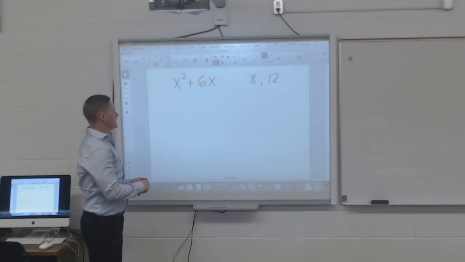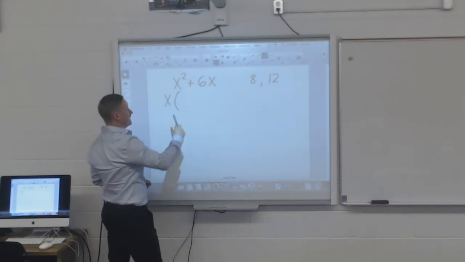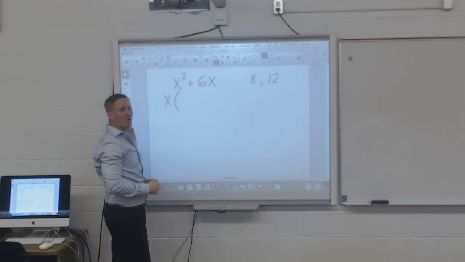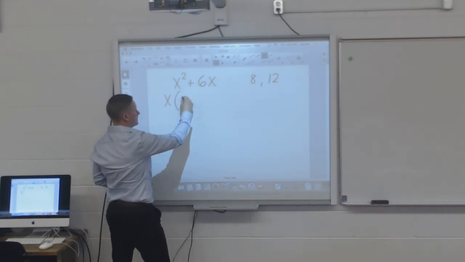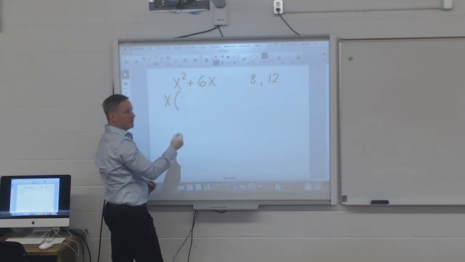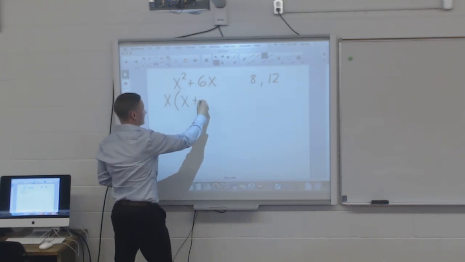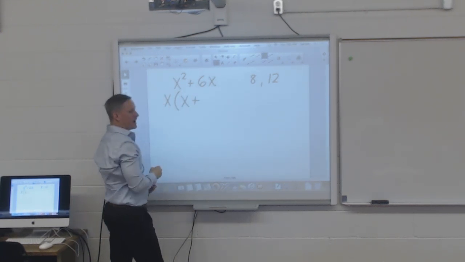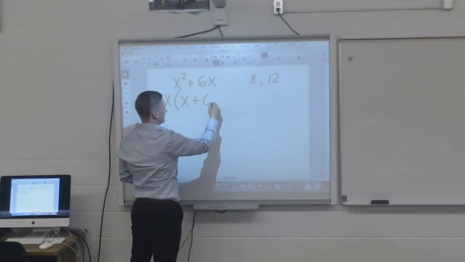X. When I factor an x out, that means I'm dividing each of these terms by an x. What am I left with? X squared divided by x leaves me with what? X. 6x divided by x leaves me with what?